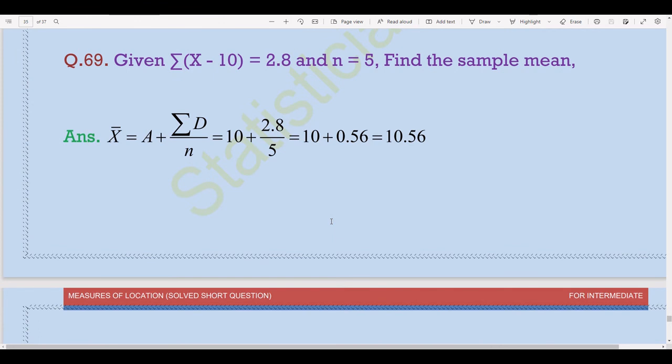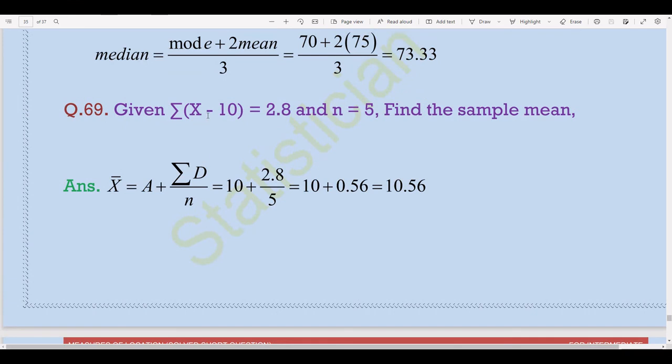Question number 69. Sum of x minus 10 is equal to 2.8, n is equal to 5. Find the sample mean. Here deviations appear, so this is the sign of the short formula. Because there is no frequency, it is ungrouped data. The short formula for ungrouped data is x bar is equal to a plus sum of d over n.